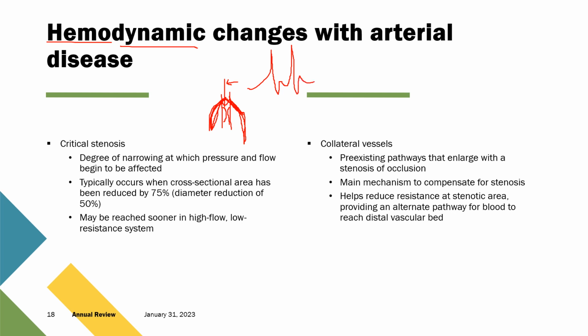Now, if my system was able to build collaterals, it would provide alternative pathways, which would then reduce the amount of resistance caused by that stenosis because it's being bypassed. In that case, my waveforms prior to the stenosis might still appear relatively low resistance. That doesn't mean there's not a stenosis there, it just means it's already been compensated for with the collaterals.